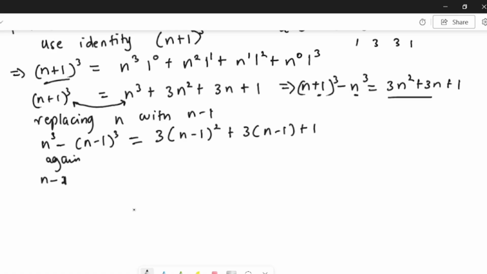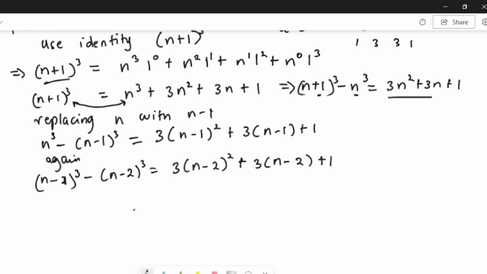Now here it becomes n minus 1 cubed minus n minus 2 cubed. That gives us 3 into n minus 2 squared plus 3 into n minus 2 plus 1.